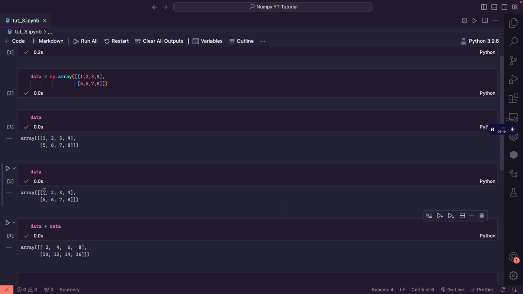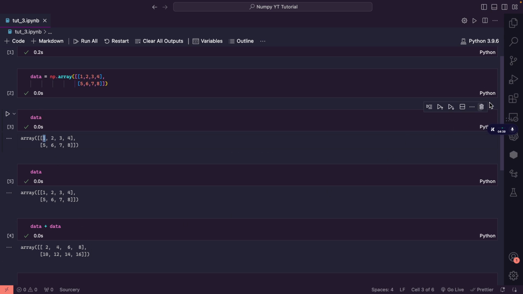The first one got added to one, two to two, three to three, four to four, resulting in one plus one is two, two plus two is four, three plus three is six, four plus four is eight. So we get two, four, six, eight, ten, twelve, fourteen, sixteen. Each element simply got added to its own value.